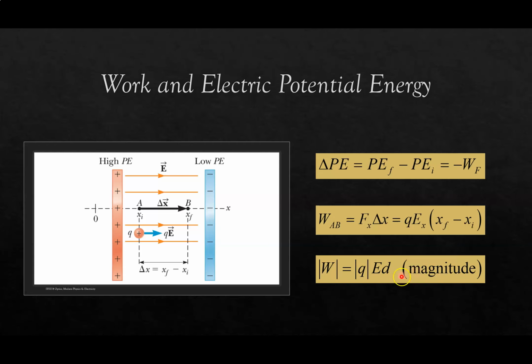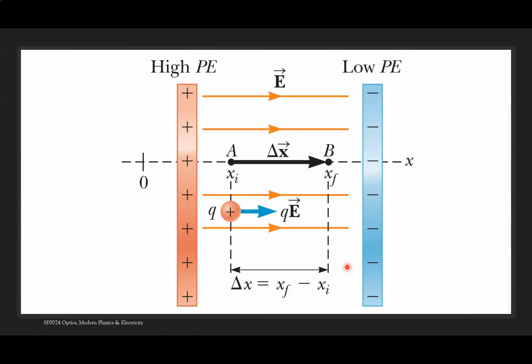The equation below shows the magnitude of the work done by a constant electric field on a charge moving parallel to the field. This is the big picture.